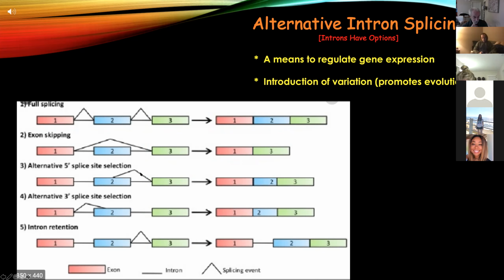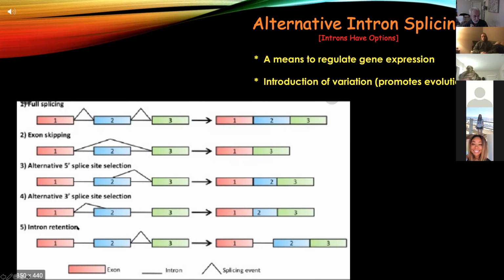Or you can have alternative 5' splice selection, in which only part of exon 2 is present, or the alternative 3', in which the other end of exon 2 is present.